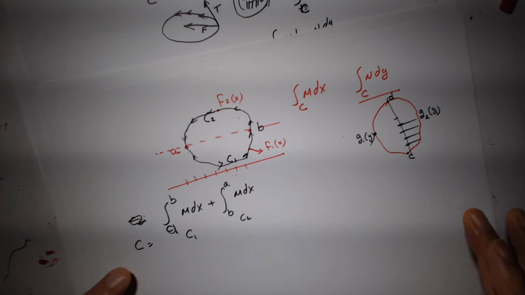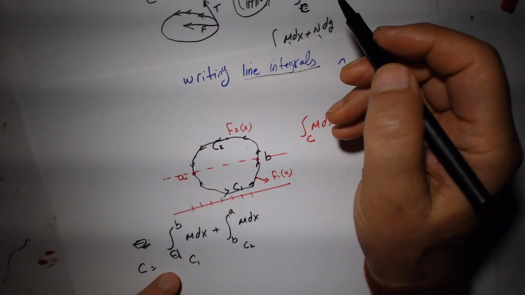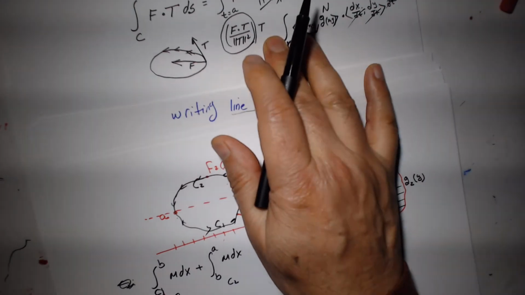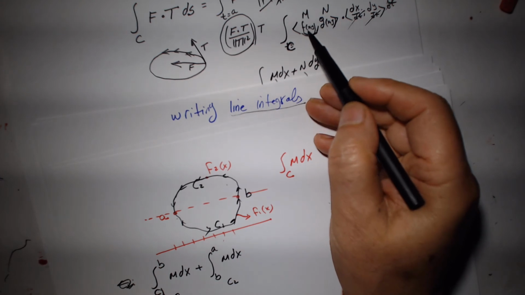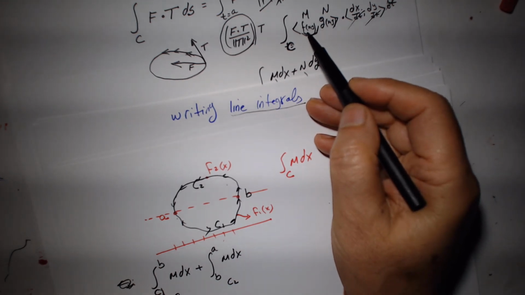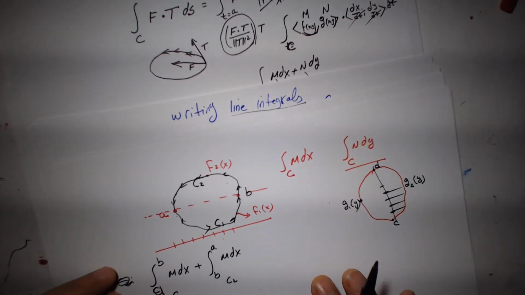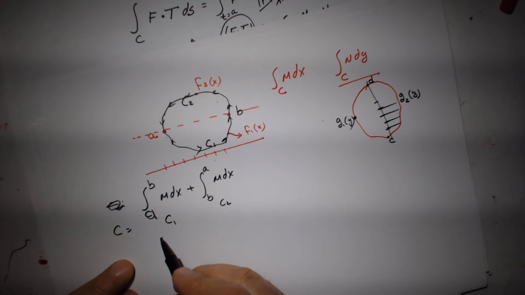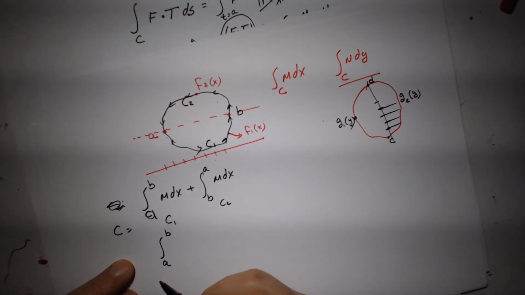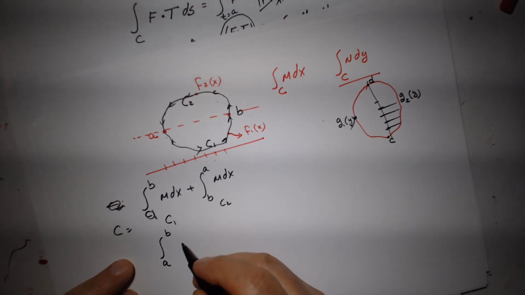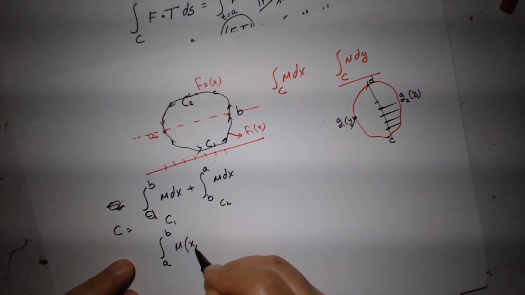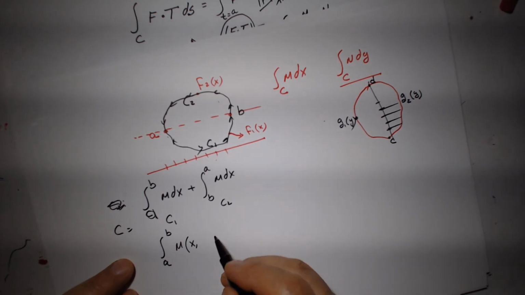Okay, what did I say that M is? That M is a function of x and y. The N is a function of x and y. Therefore, right here I'm going to write A to B, and I'm going to write M, but M is a function of x and y. But what is your y?